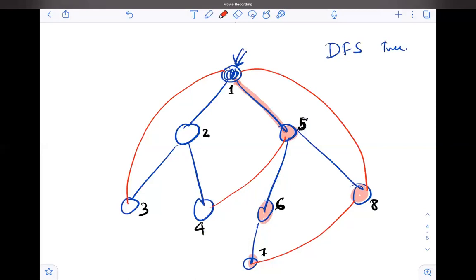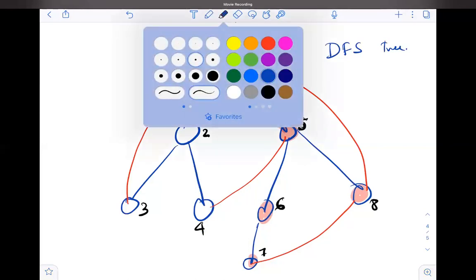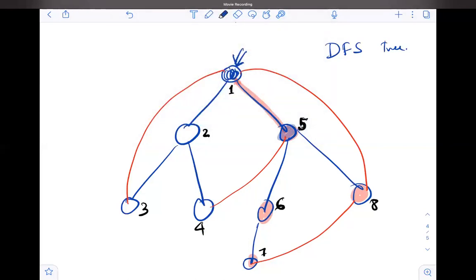So 5 must have been colored blue before anything else here. Consider the time when 5 was colored blue. At that time, why wasn't 4 looked into? 4 was still uncolored.